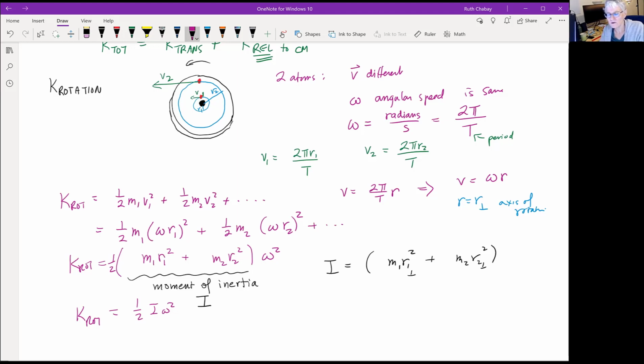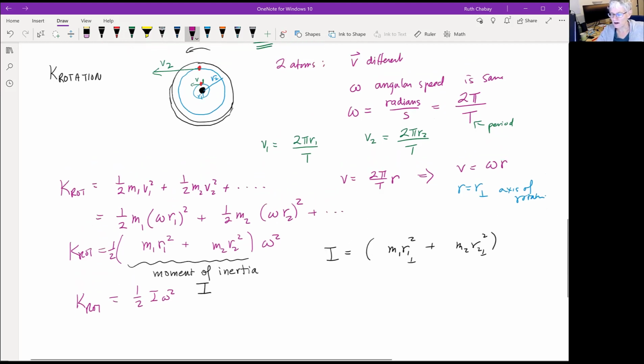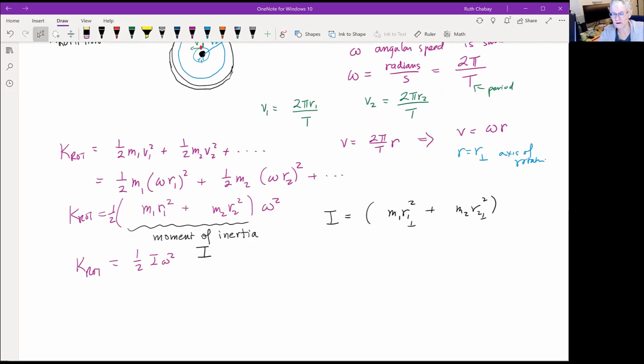Now, there is a distinction here between speed and angular velocity. For right now, we're going to talk about angular speed, which is radians per second, because velocity is a vector, and angular velocity is a vector too. So angular velocity is equal to the angular speed times some vector.